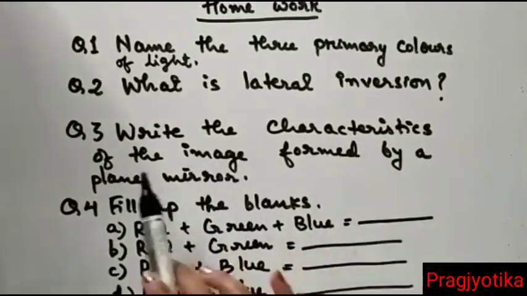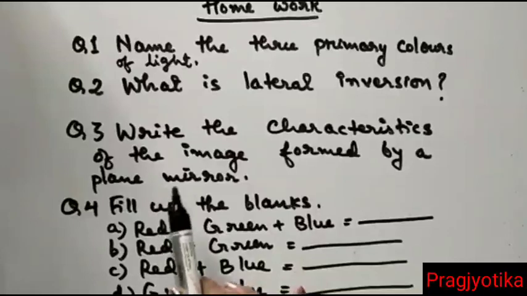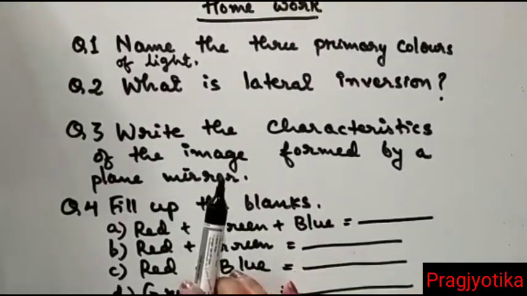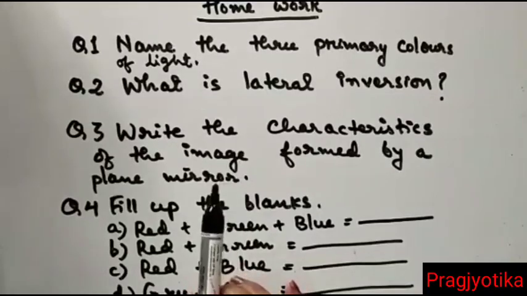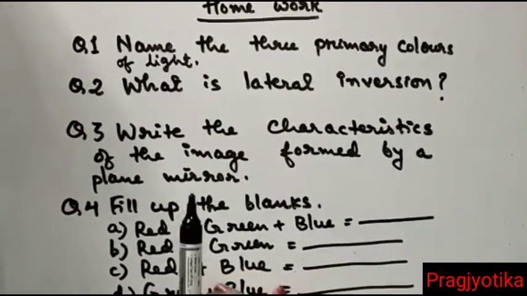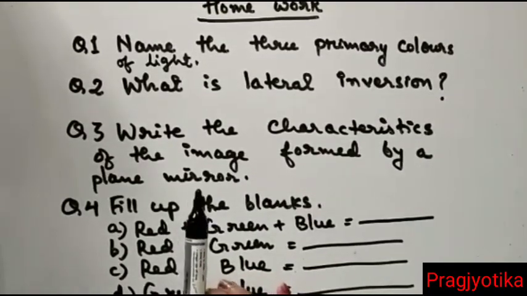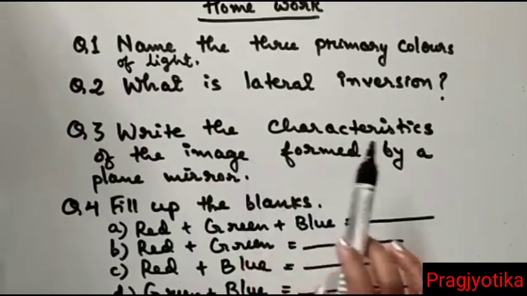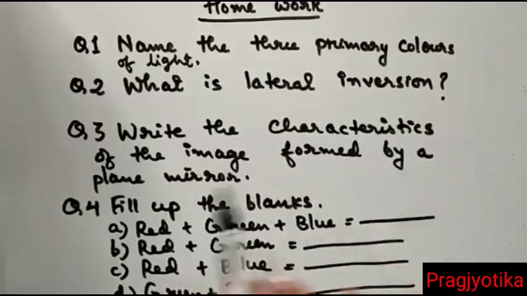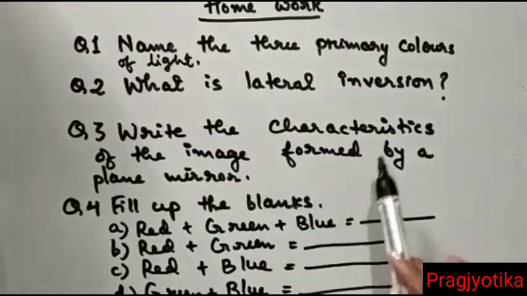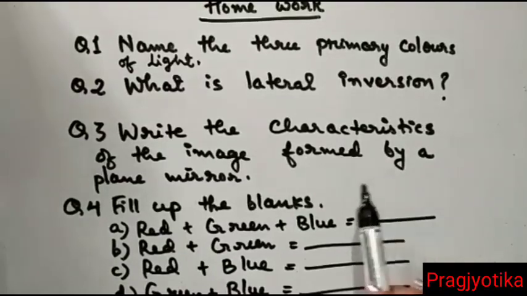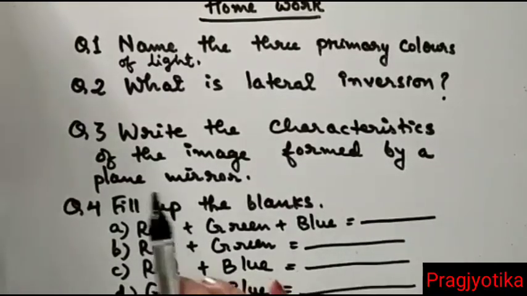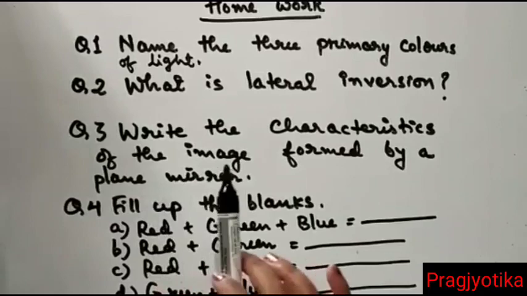Write the characteristics of the image formed by a plane mirror. So the answer of this question is on your page number 71 last paragraph and 72 first paragraph. Total 5 characteristics are there. So the answer will be like this. The characteristics of the image formed by a plane mirror are as follows. Number 1, the image formed is erect.